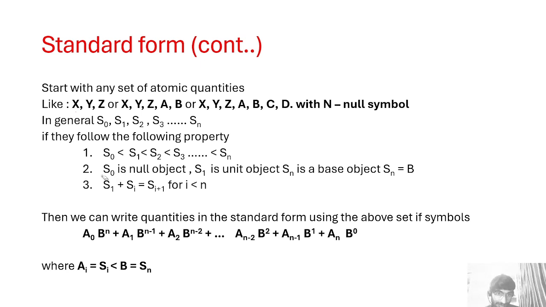The second property is that S0 is supposed to be the null object or null symbol, right? It should represent no quantity. The next symbol S1 should be a unit object and Sn should be a base object.